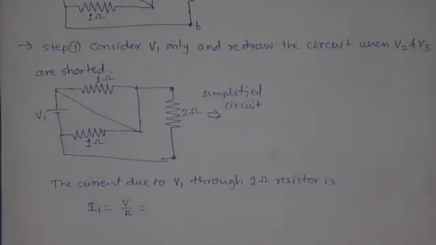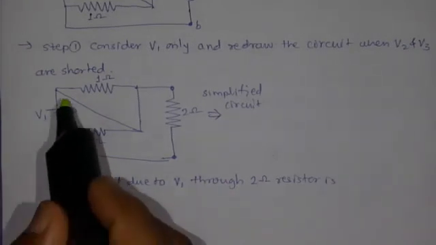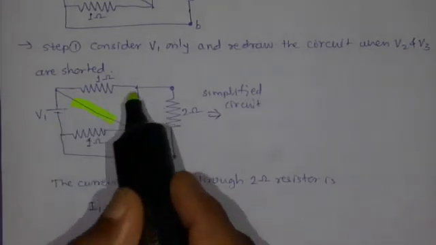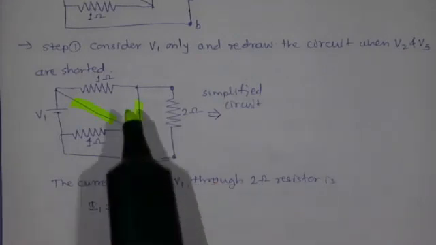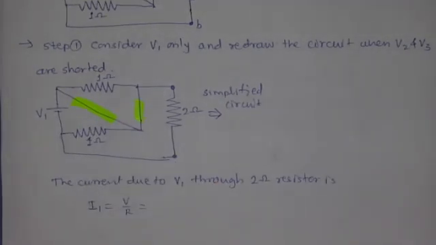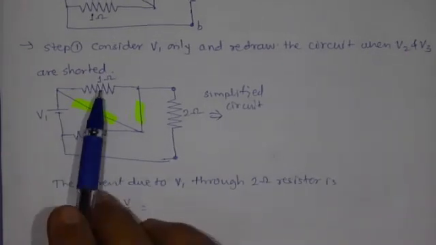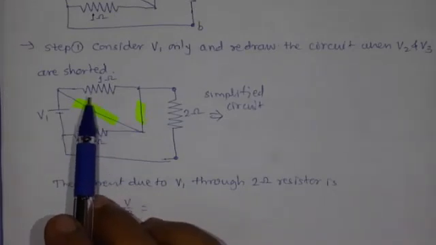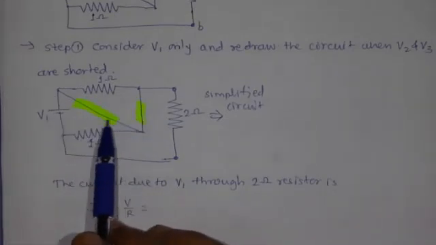Now here, if you look at the simplified form, because V2 is shorted, this line is shorted, and in this case this line is also shorted. These two lines are shorted, and the resistor R1, this 1 ohm resistor, becomes shorted because there is a short path.